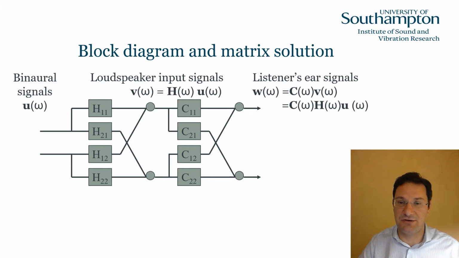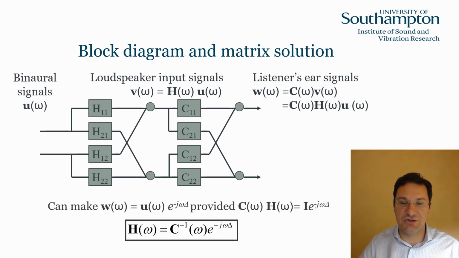As we explained earlier on, V can be expressed as H times U. Therefore, W, the signal at the listener's ears, can be expressed as C, the plant matrix, times H, the matrix of crosstalk cancellation filters, times U, the target binaural signal. Our objective is to deliver at the listener's ears a signal W that is as close as possible to U.